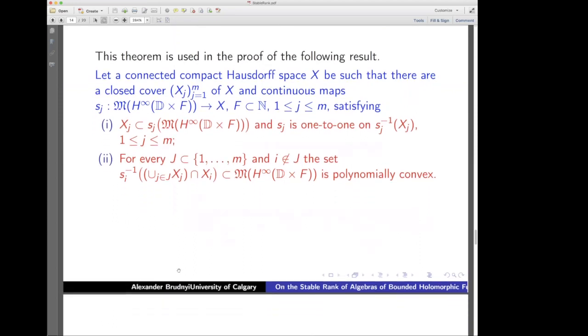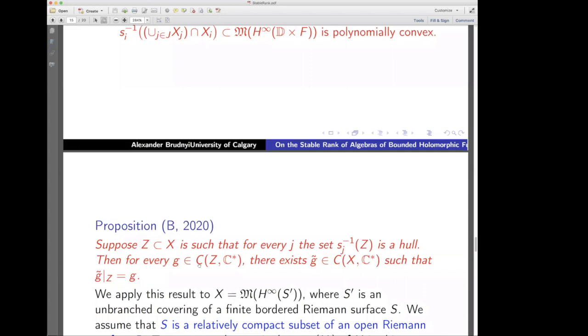Then for every G from the set of maps from Z to C star, there is a G tilde from X to C star, such that the restriction of G tilde to Z will be G. This will be exactly what we will need.